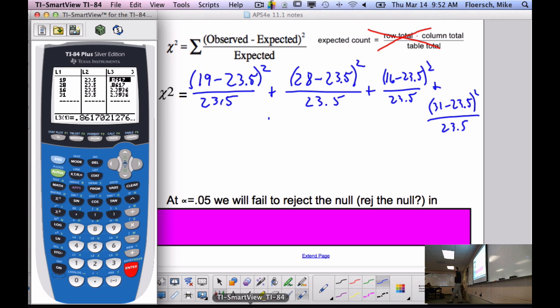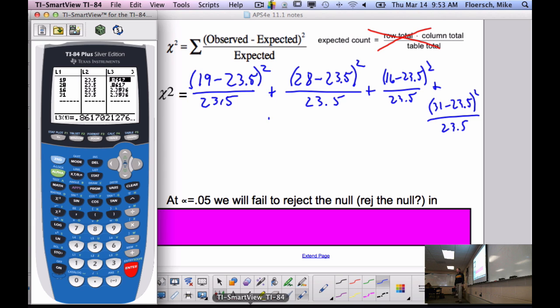Go to Stat, Edit, List 1. And to start, put in our observed data in List 1. So 19, 28, 16, 31. That's our observed data.